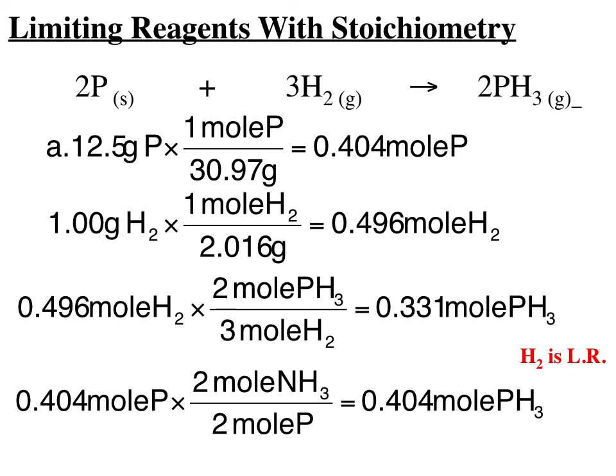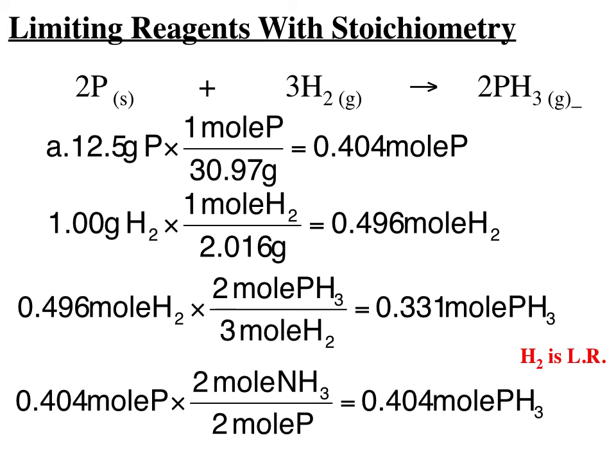So my 12.5 grams of P, I divide by its molar mass, and note that I had 0.404 moles of P. My 1 gram of H2 dividing by its molar mass means I had about a half a mole of H2. Now to verify which of these is the limiting reagent, I will stoichiometrically compare how much product each can possibly form.